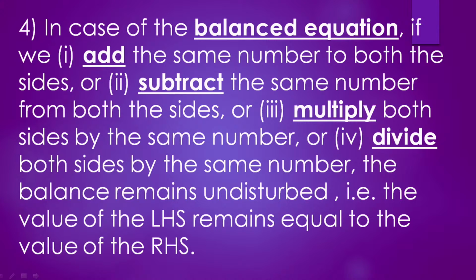Fourth one, in case of balanced equation, if we add the same number to both the sides or subtract the same number from both the sides or multiply both sides by the same number or divide both the sides by the same number, the balance remains undisturbed. That is, the value of the LHS remains equal to the value of the RHS.